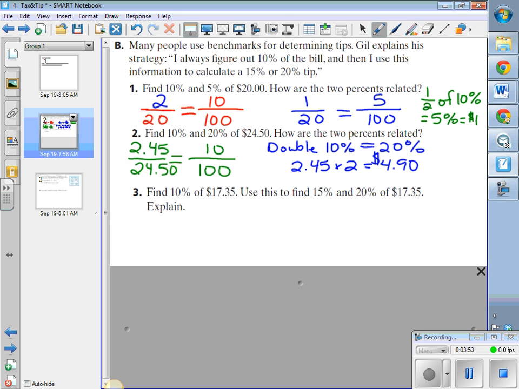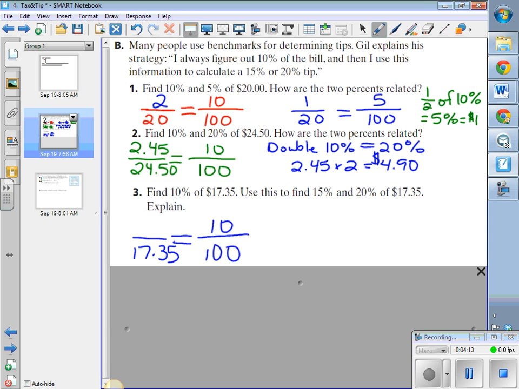All right, and then find 10% of $17.35. Same idea here, same concept. So 10%, and it's $17.35.